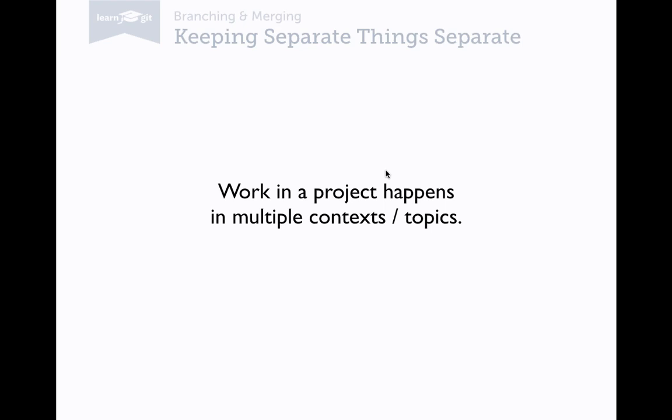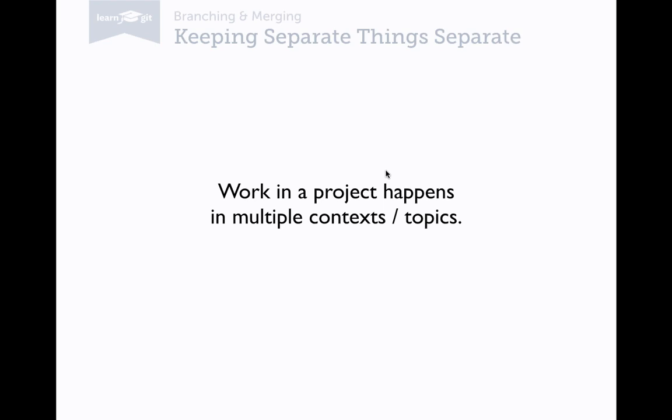The reason why we need this so desperately is because work in the real world happens in multiple contexts, in multiple topics all the time. It's not realistic that a developer or a designer can just close his door and ask people not to disturb him during the next 8 weeks until he's finished with the feature. He will always have to work on multiple features, on bug tickets, on anything.